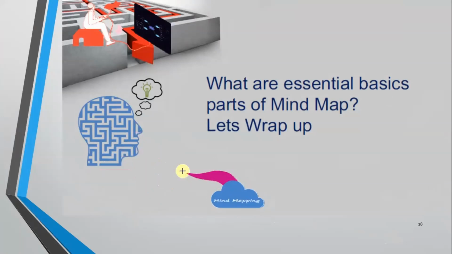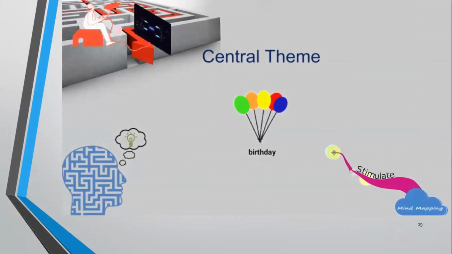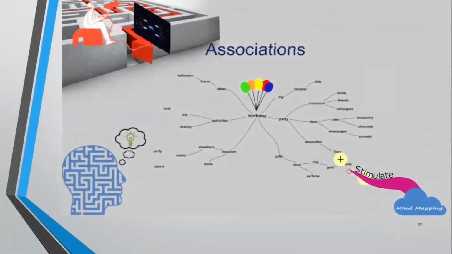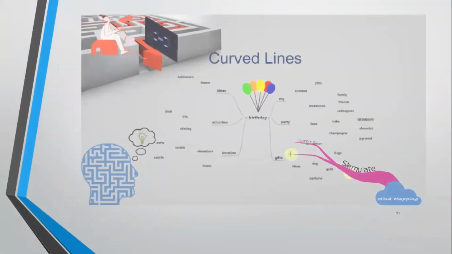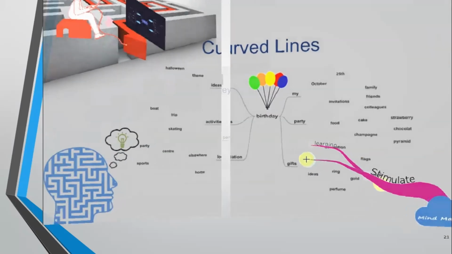I'm just concluding this. We need a central theme for creating our map, and different associations which are related to the central theme. Then there are curved lines, because curved lines have a very strong impact on the students and the brain memory.